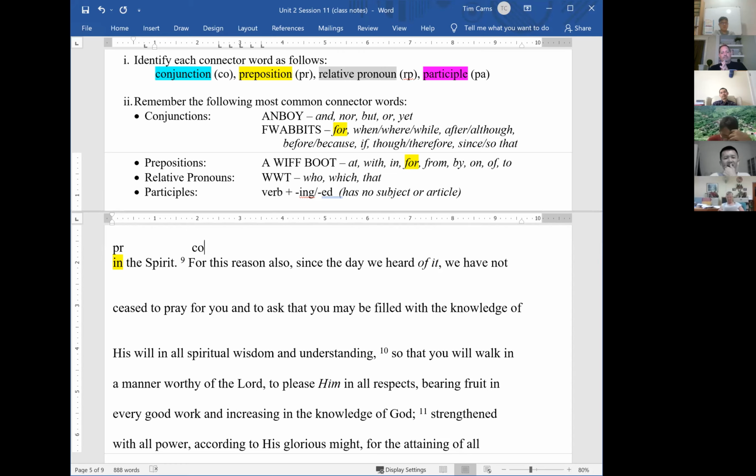And how do you know that? It's followed by a clause. Okay. If we look, what would be the clause here? For this reason also.